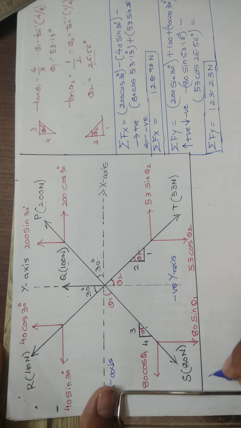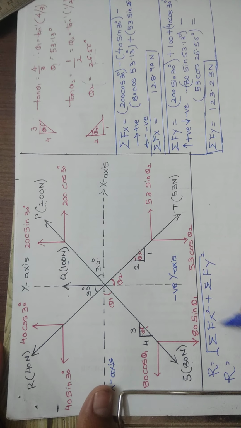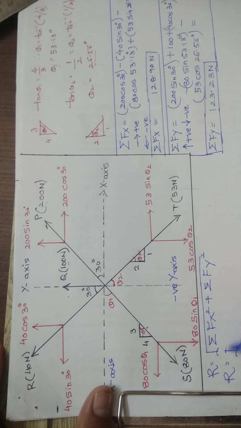Fx is positive and Fy is positive. That means the addition of all X components is 128 plus, and the addition of all Y components is positive. That means it will lie in the first quadrant. So we will find the resultant.